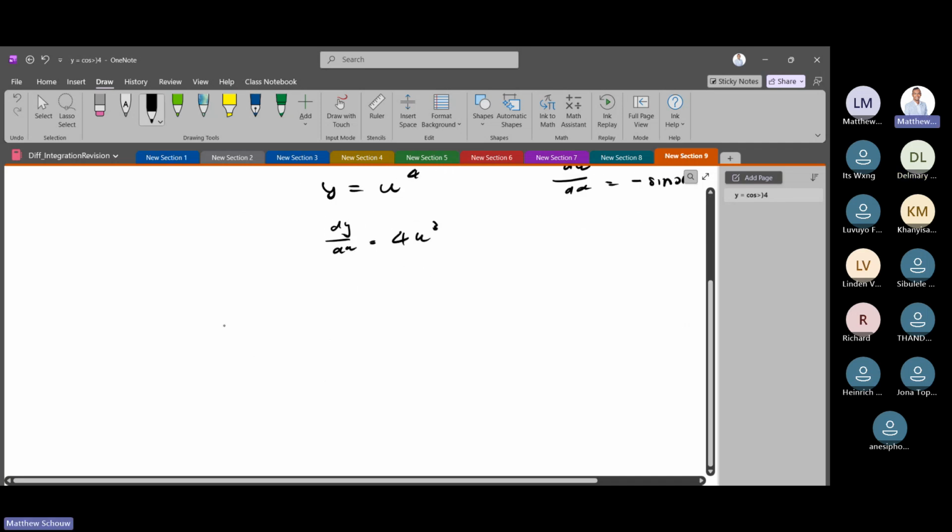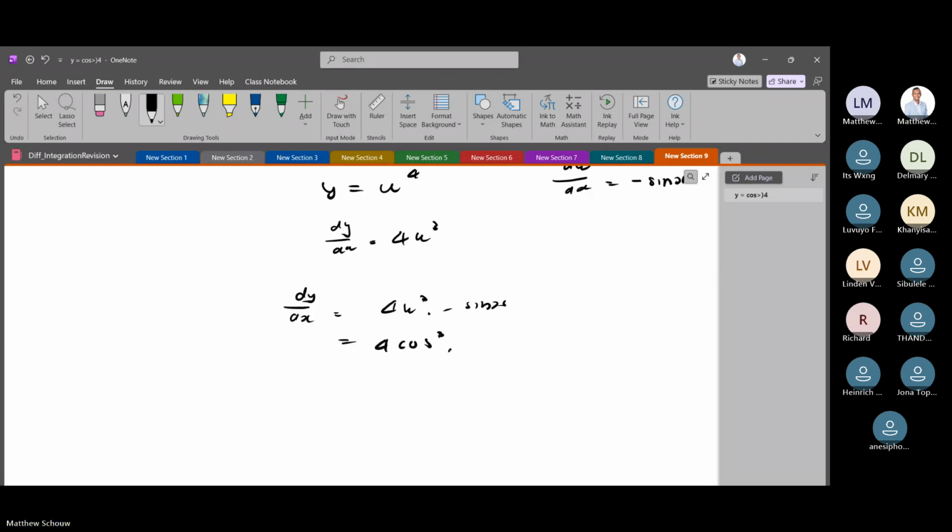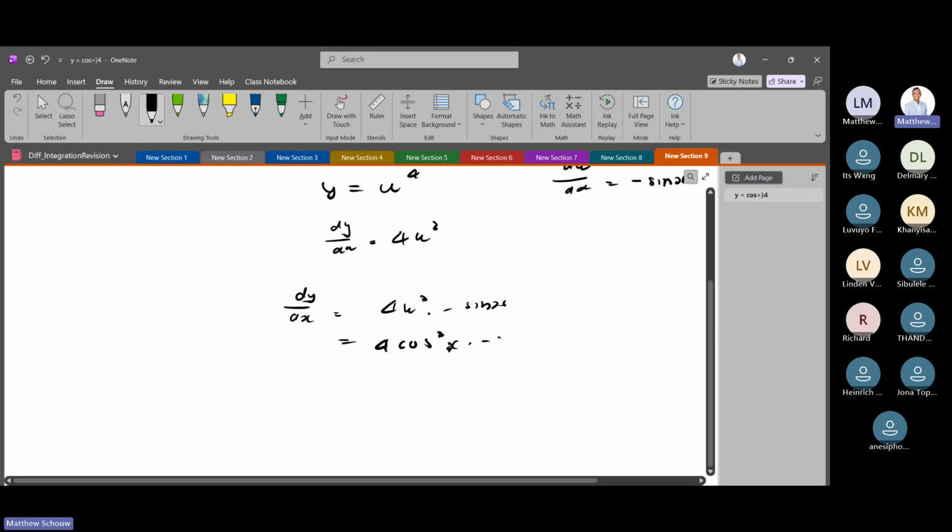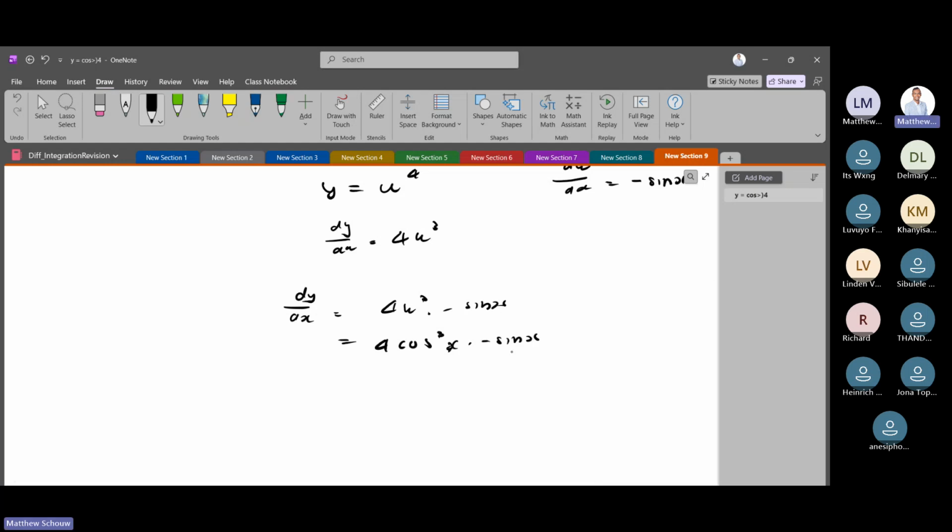Exactly. Therefore dy dx will be 4u cubed times negative sine x. What was my u again? My u was cos x. So it's 4 cos cubed x times negative sine x. And then you're done. Just in time.